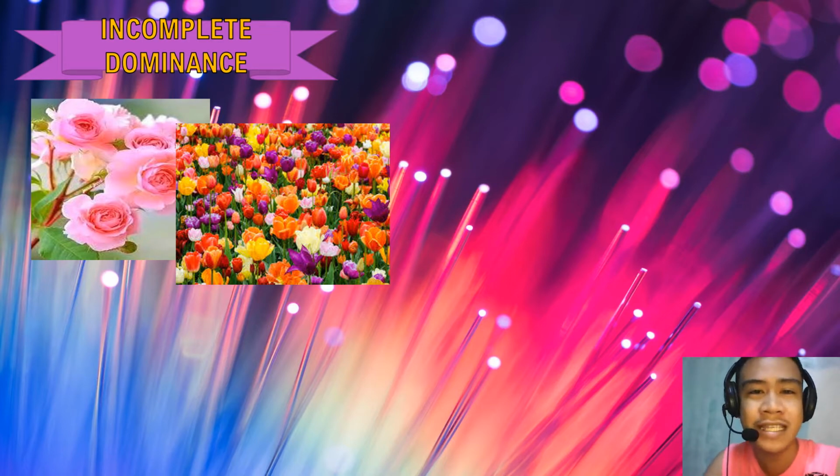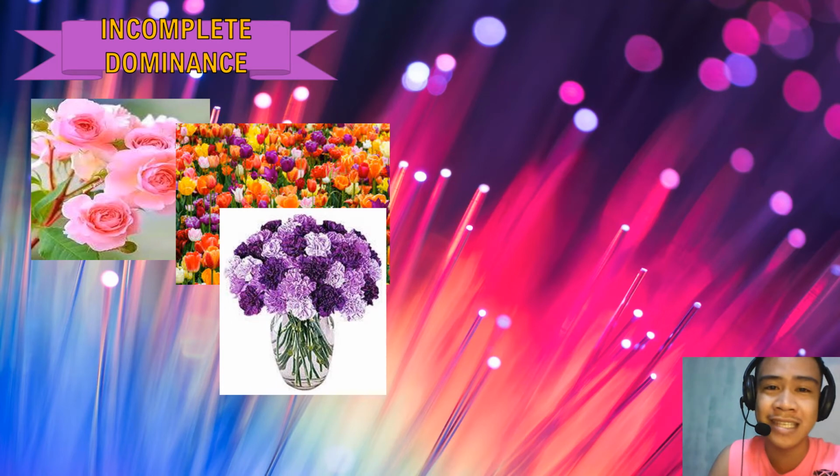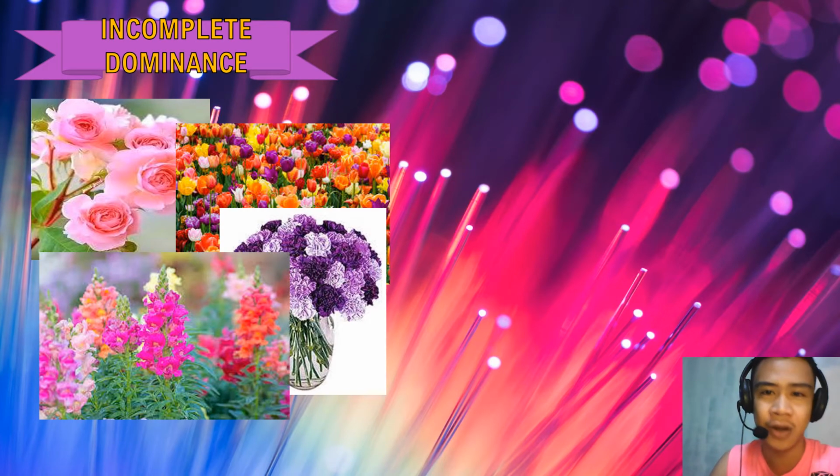So why does incomplete dominance occur? As we have seen, it does not always occur with flower color. Roses and tulips, carnations, and snapdragons, among others, show incomplete dominance, but Mendel's pea plants showed complete dominance.